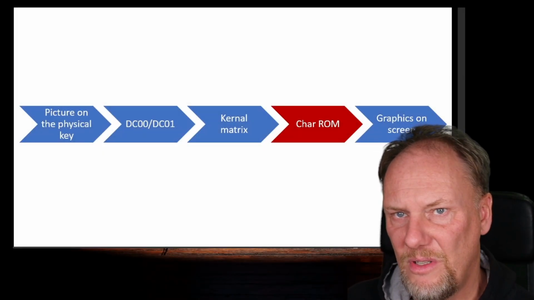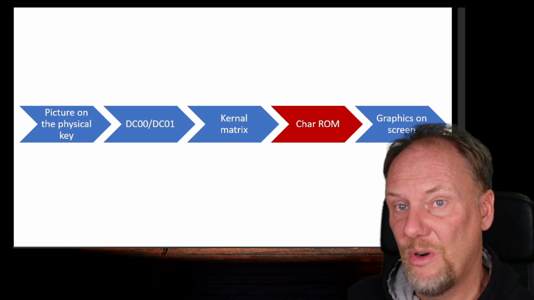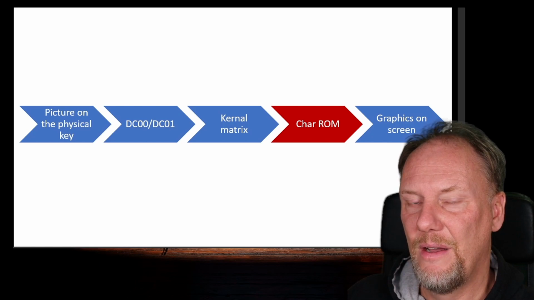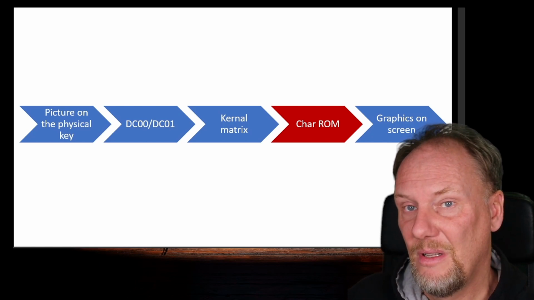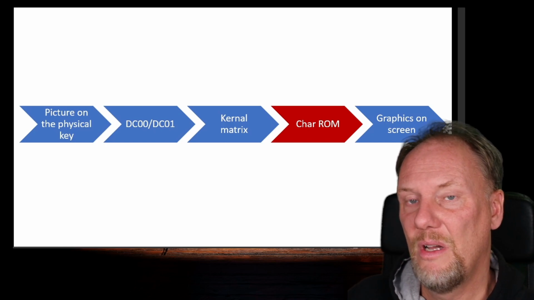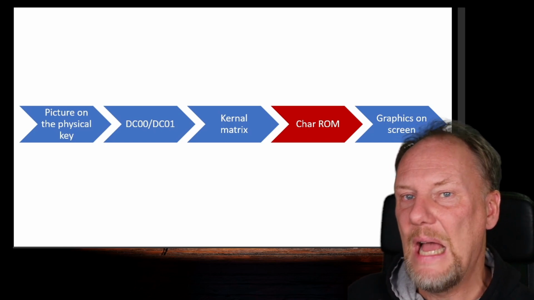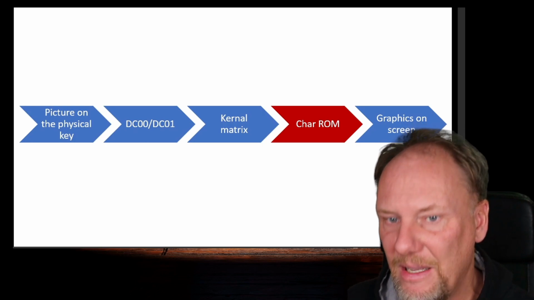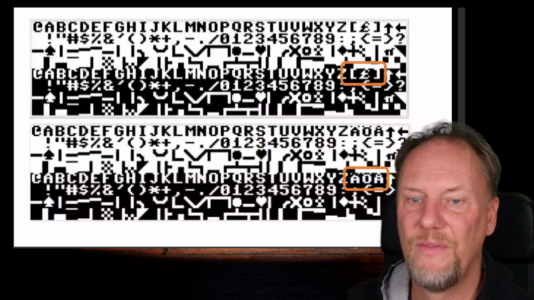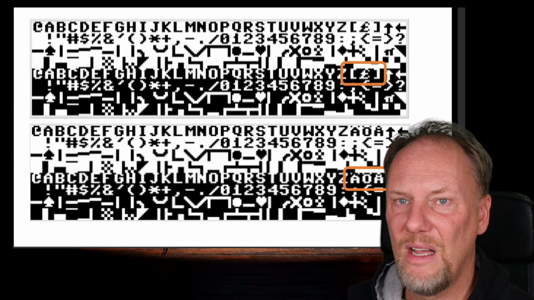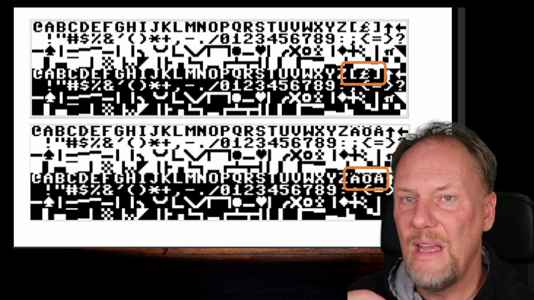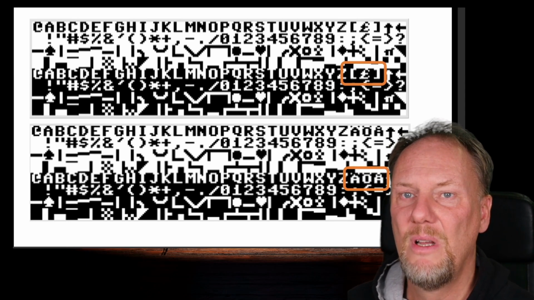So now the system sort of picked up your character, went through the interrupt where the key scan routine has scanned DC00 and DC01, and it has fetched the PETSCII value of the key that you pressed. The next thing is that what you actually see on the screen when you print that character is what is in the character ROM.